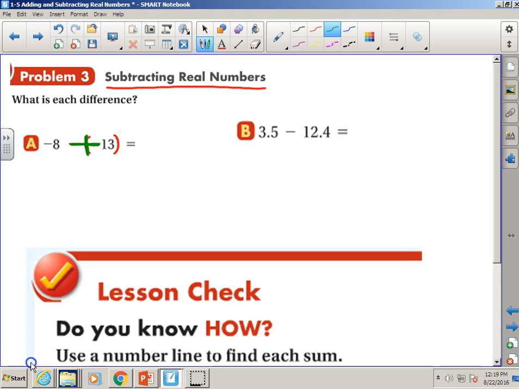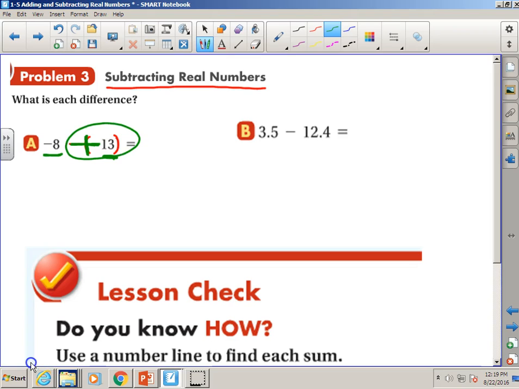Now that we did that first, we got to take care of our double negatives first. Now we can go ahead and do like we did in the previous page. 8, is it from the positive gang or the negative gang? Negative gang. 13, is it from the positive gang or the negative gang? Positive. Remember, if it's got no sign, it will take the sign of the problem.